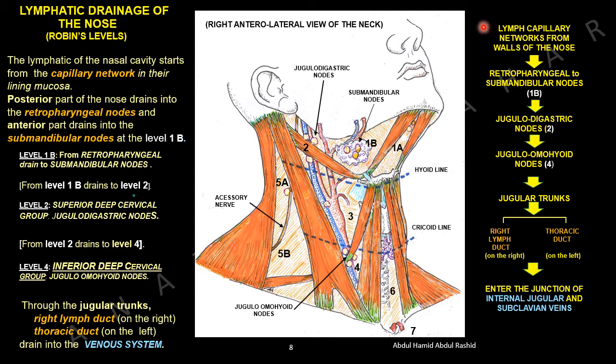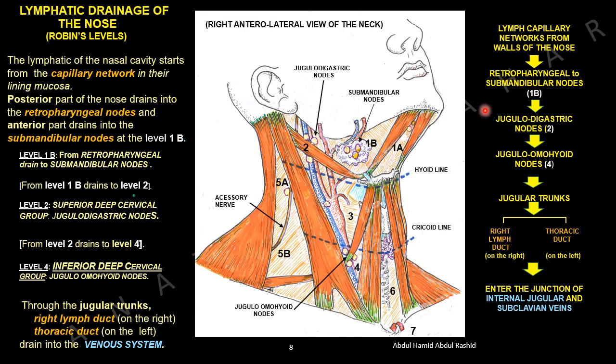In summary, lymph capillary networks from the walls of the nose drain to the retropharyngeal nodes and from there to the submandibular lymph nodes, that is level 1B.